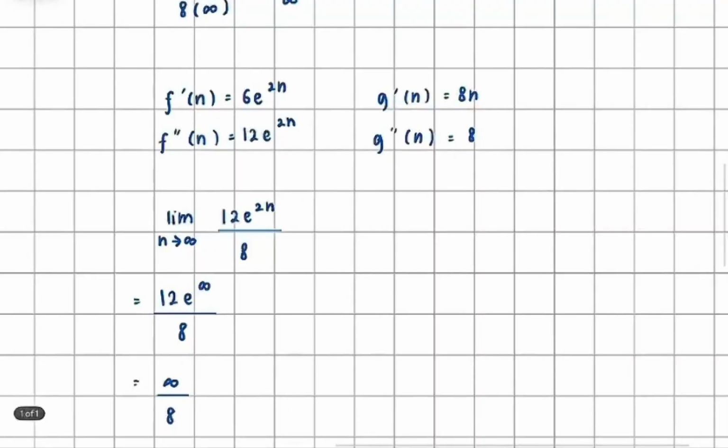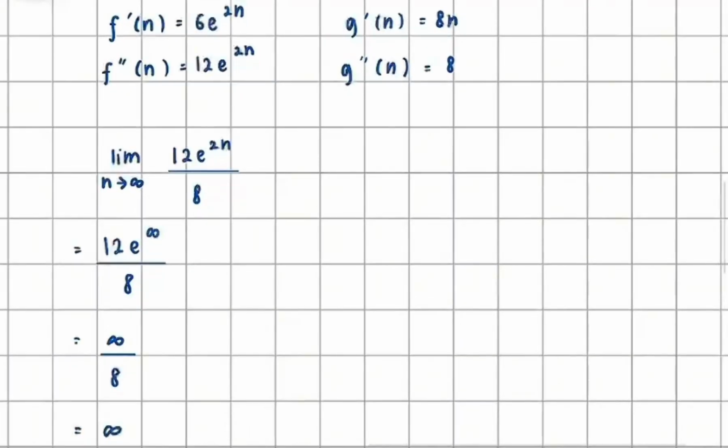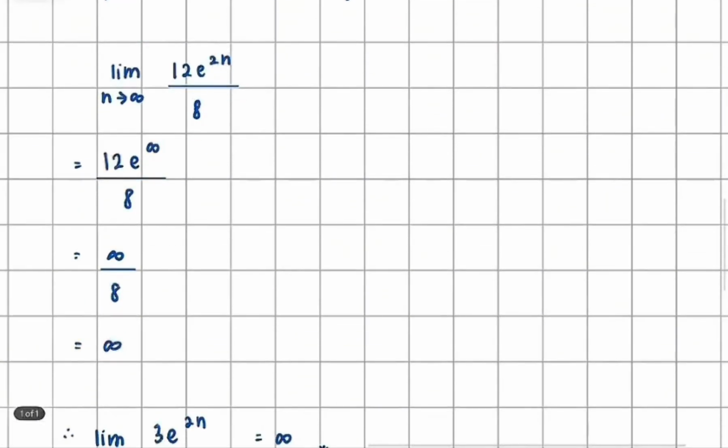So we differentiate a second time. The derivative of 6e to the power of 2n is 12e to the power of 2n, and the derivative of 8n is 8. Then we substitute infinity for n.